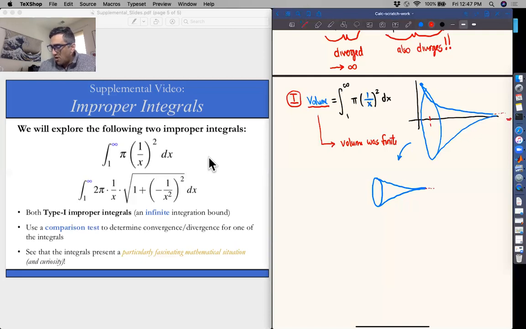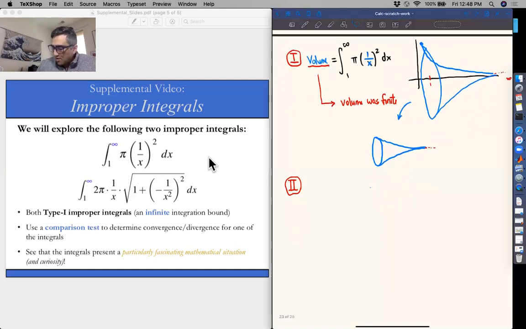Even though technically this cone kind of goes on forever, the overall three-dimensional volume that it encapsulates is actually a finite number. So that's something interesting. The second thing that's particularly interesting, though, in this problem is, again, going to the second integral now. What this second integral actually represents for us isn't volume, but it's surface area.